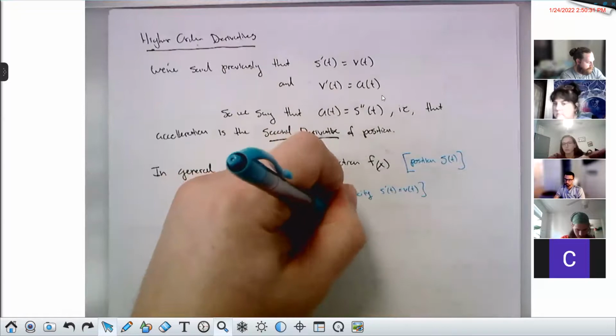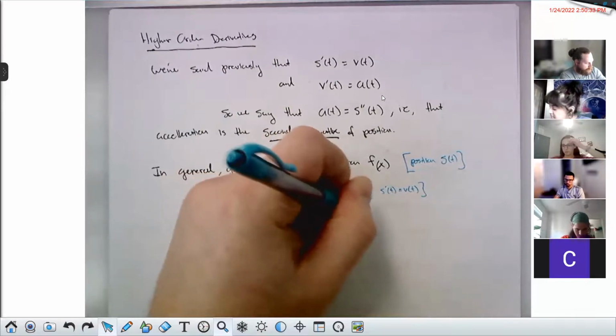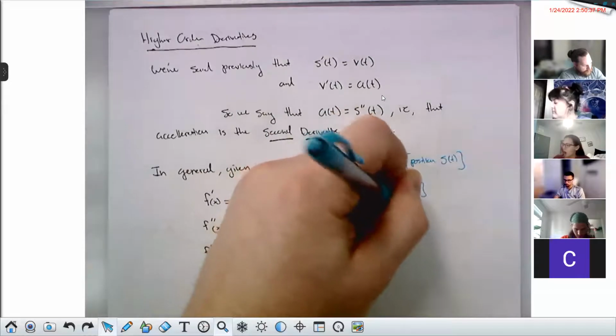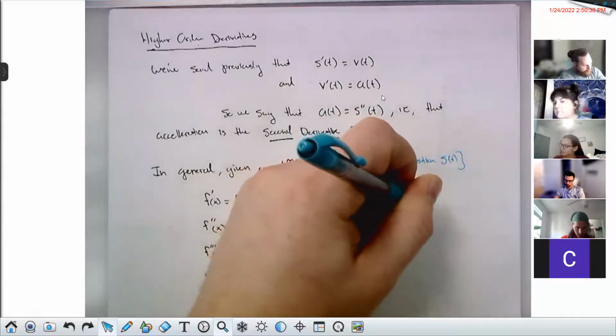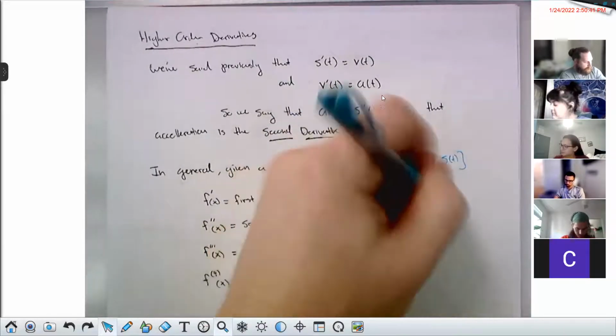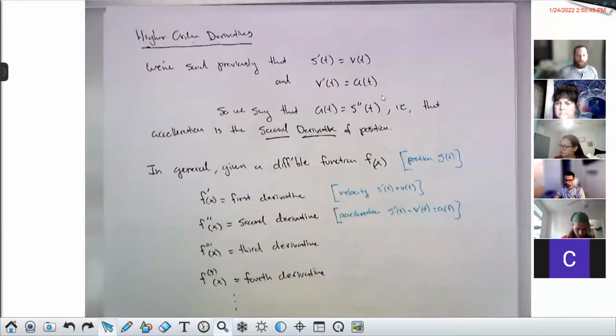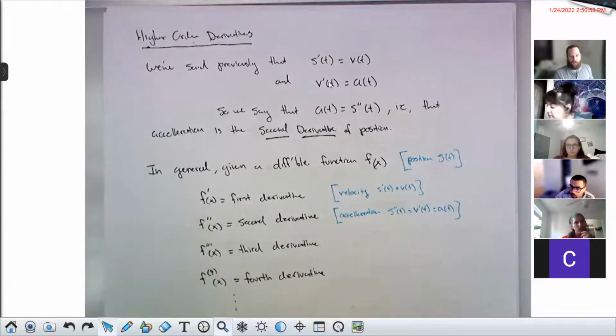The second derivative we call the acceleration, which is s double primed of t or v primed of t or a of t. Does anybody know the name for the third derivative of motion? There is a term for the derivative after the acceleration.